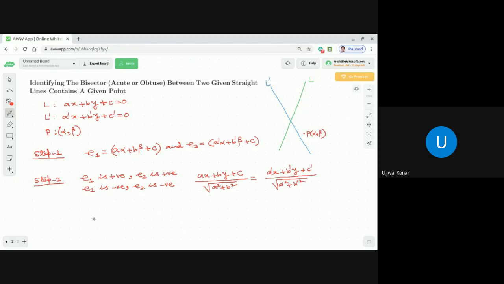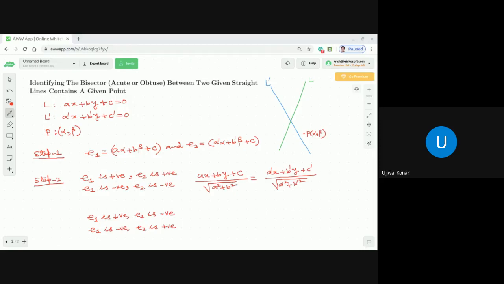Now if this is not the case, if E1 is positive and E2 is negative, or if E1 is negative and E2 is positive, that means they are of different signs, then what can we say?